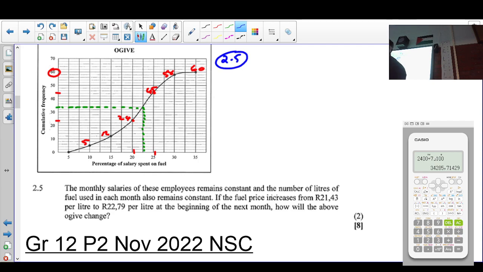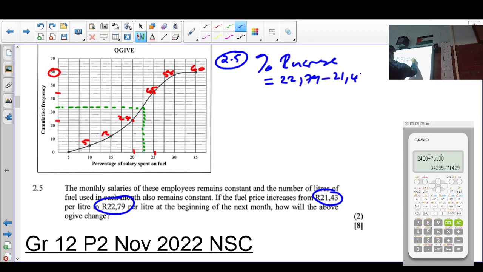Okay, so as you can see here, the price of petrol increased, not so. It can increase by how much percent? Percentage increase. Let's work out that. So it's going to be the difference. So it's 22,79 minus 21,43 over the original, which is 21,43, times 100.